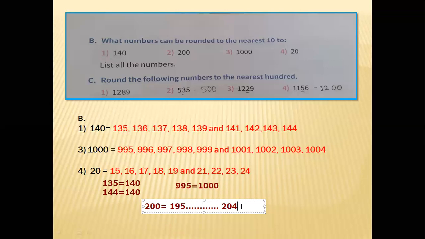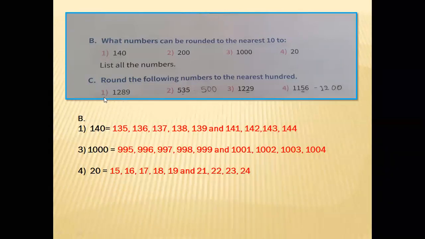If it is 205, see here 5 is there, so this 0 changes to 1, right? So 205 is not equal to 200. Okay, 195 to 204 equals 200. Okay, do this one in classwork.